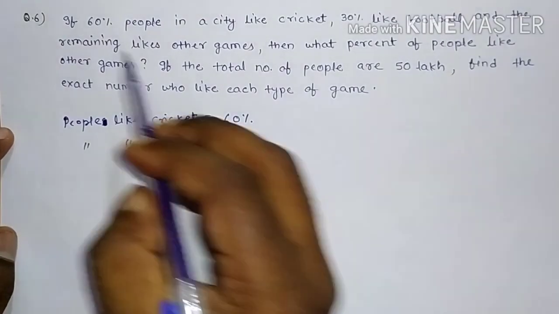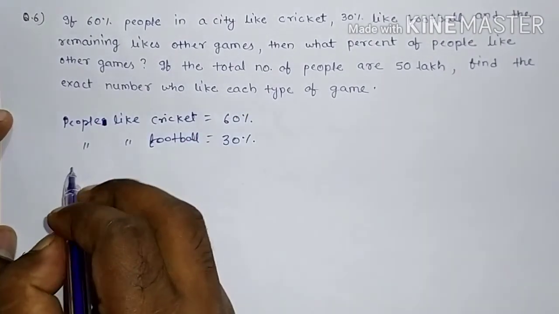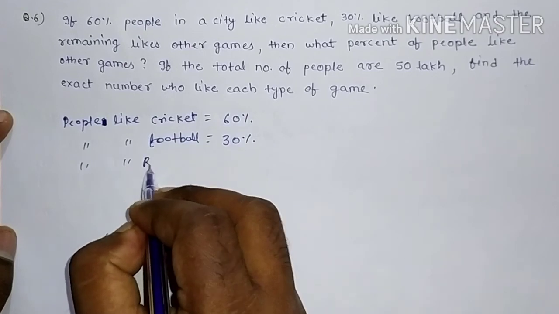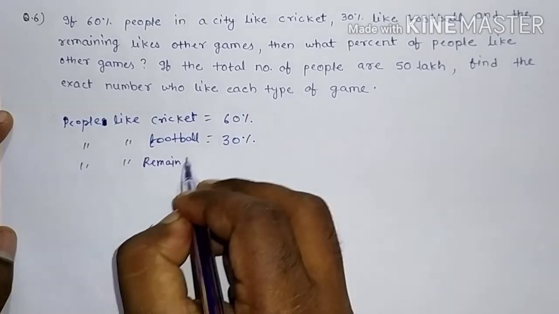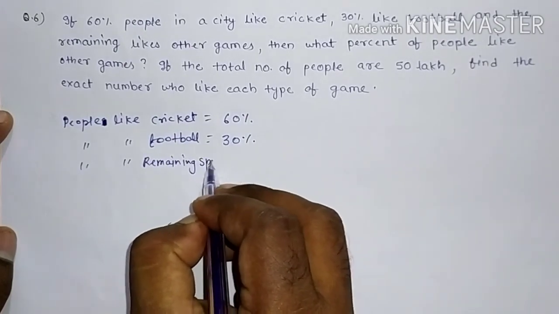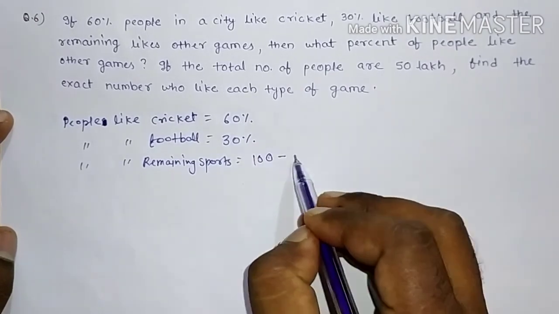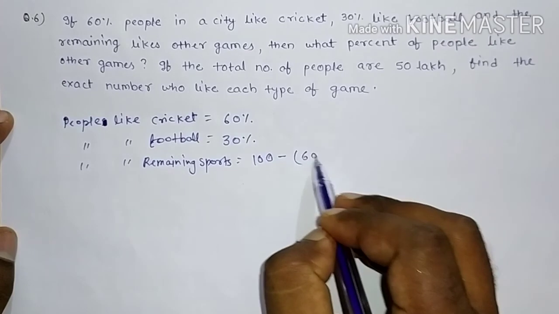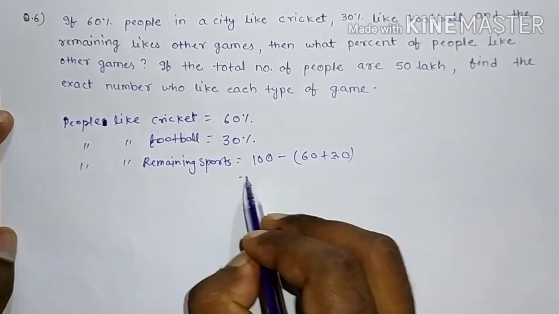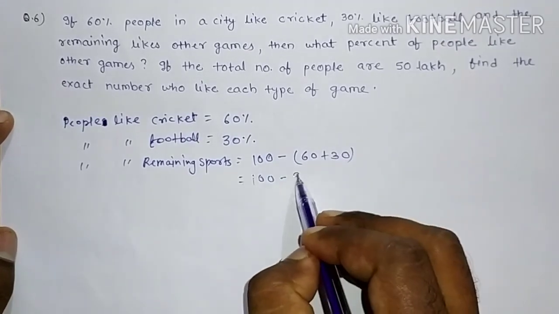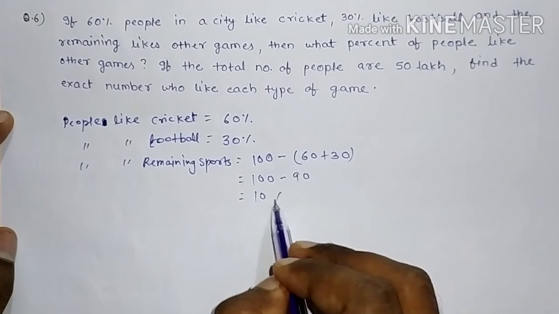Now the remaining like other games. So people who like remaining sports equals 100 minus 60 plus 30. This equals to 100 minus 90. This equals to 10%.